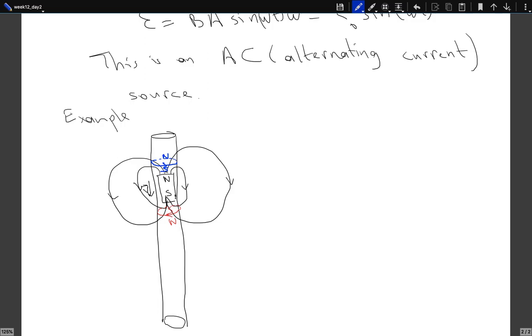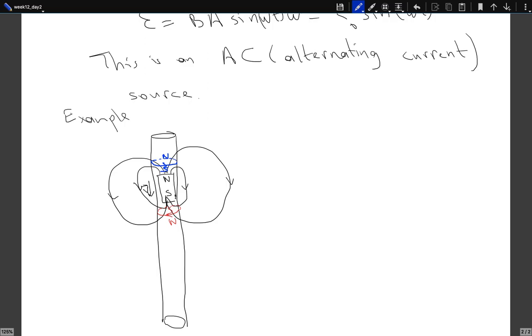Well, you see, what this does is it slows down the magnet. It doesn't stop the magnet. It just slows it down. Initially when I release the magnet, it has zero velocity, so there are no induced currents. But then that magnet accelerates, starts to move downward.